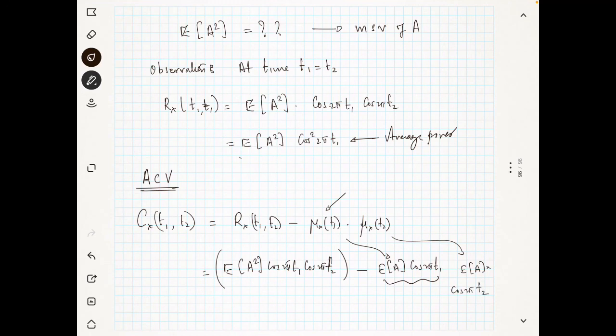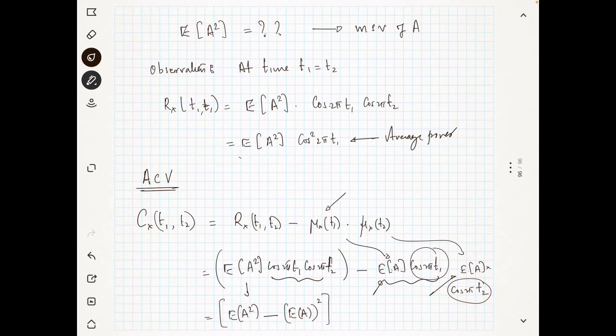You can see here there is an expected value of A here, and expected value of A here. So this becomes expected value of A square here, minus, you can see a product is here, and also this one and this also constitute a product. So we can take expected value of A into expected value of A, which is expected value of A the whole square.